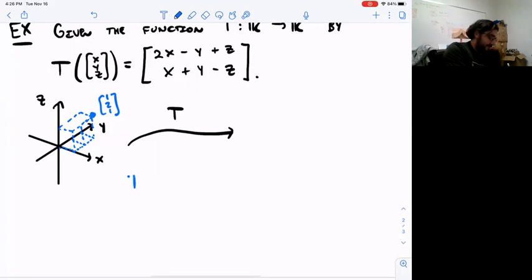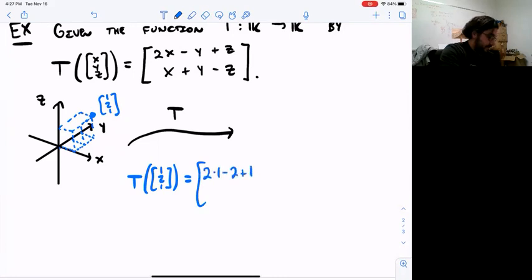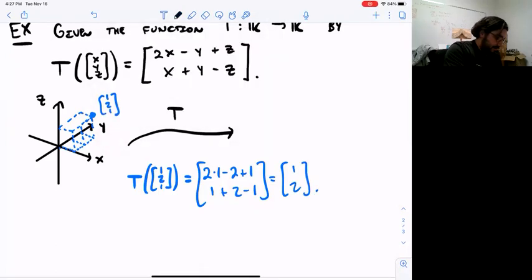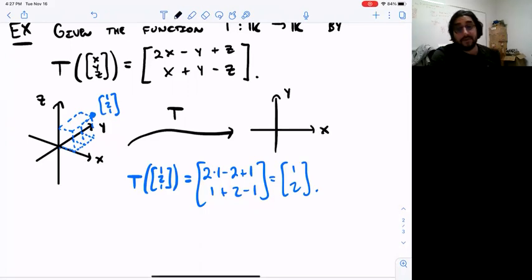So I do T of 1, 2, 1. And then I'm going to map it to what? Well, 2 times 1 minus 2 plus 1. And then this is going to be 1 plus 2 minus 1. All right, so this is going to map to what point? It's going to map to 1, 2. So that's where this blue point ends up when we get over to the xy plane.